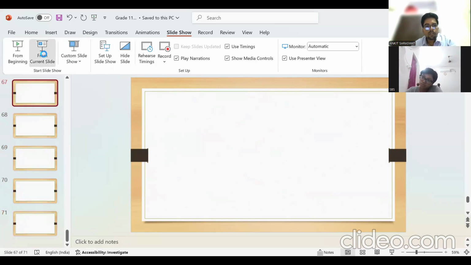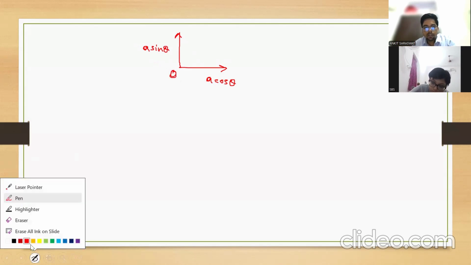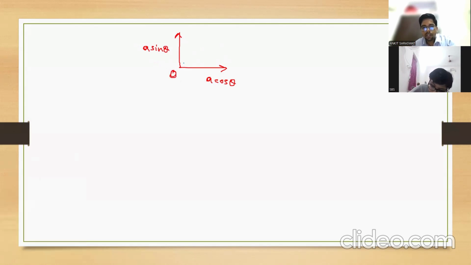So what I was saying: any vector can be written as a linear combination of its component vectors. Very important. If you know the component vectors, this vector and this vector, A cos theta and A sin theta, and somebody asks you to draw the resultant vector, then the resultant will be like this.